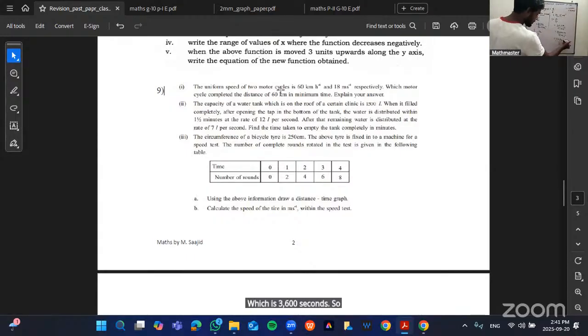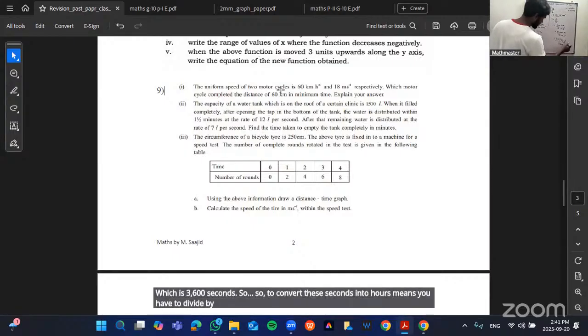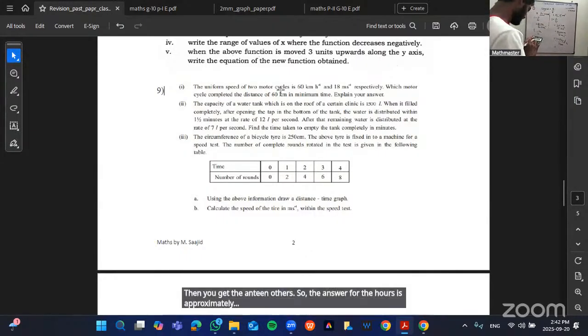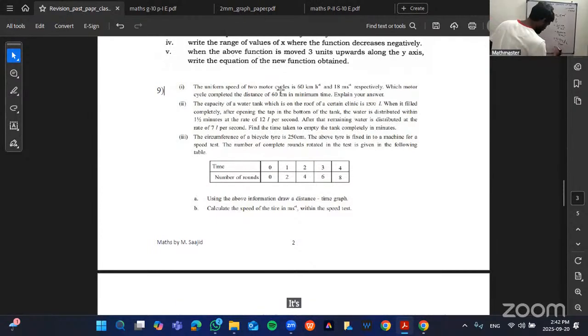So to convert these seconds into hours, you have to divide by 3,600, then you get the answer in hours. The answer is roughly 0.93 hours. Now here it's 1 hour, here it's 0.93 hours.